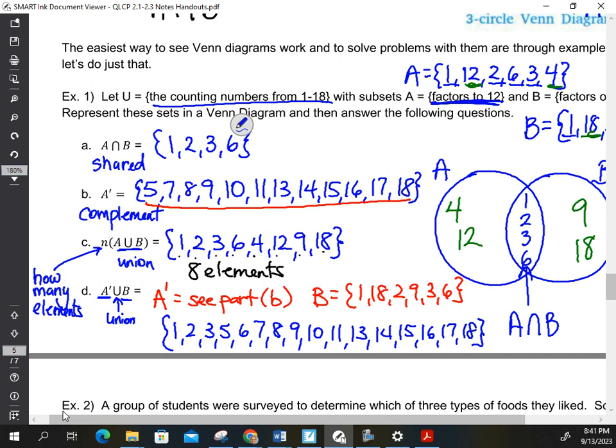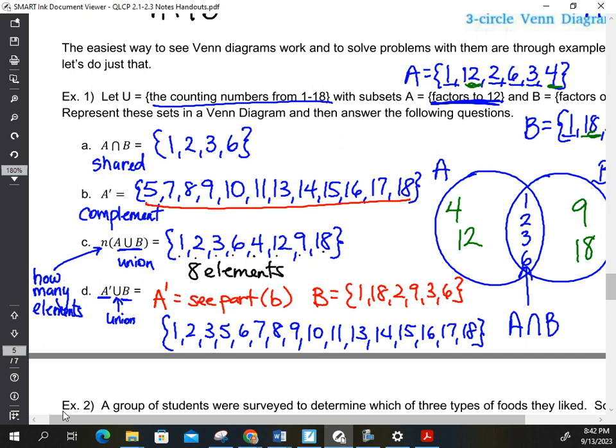So again, those key terms from section 2.2, you still need them. Upside down U means shared. The prime means complement. The U written the right way means union. So you have your 3 parts. So that's problem 1.